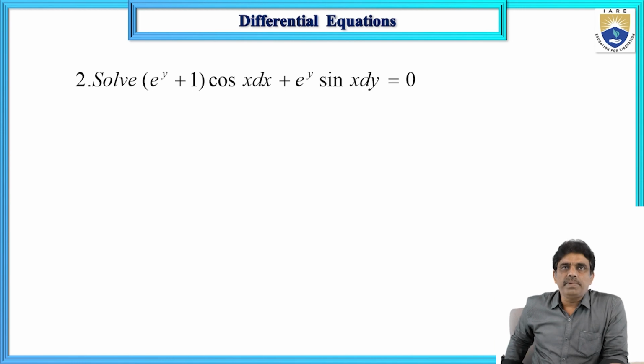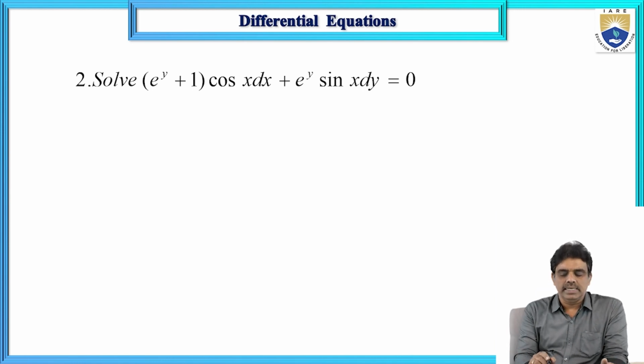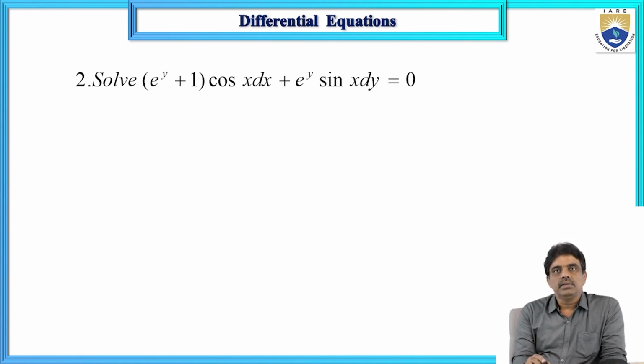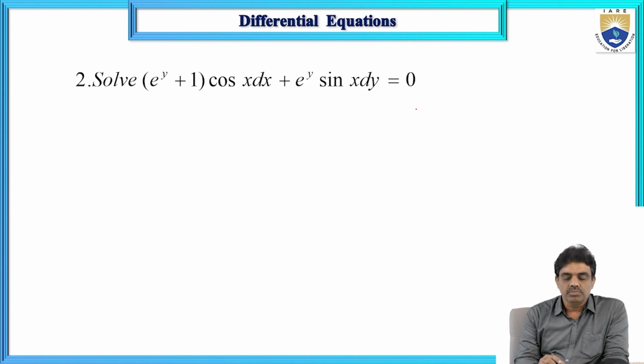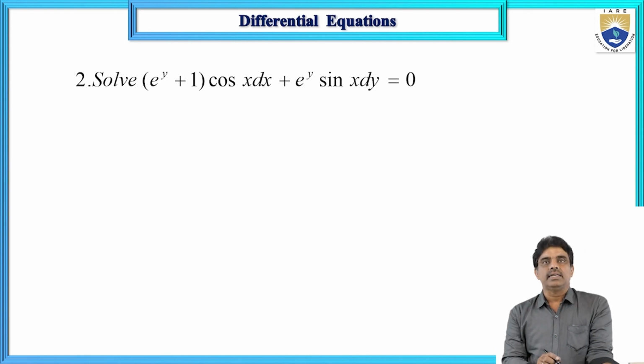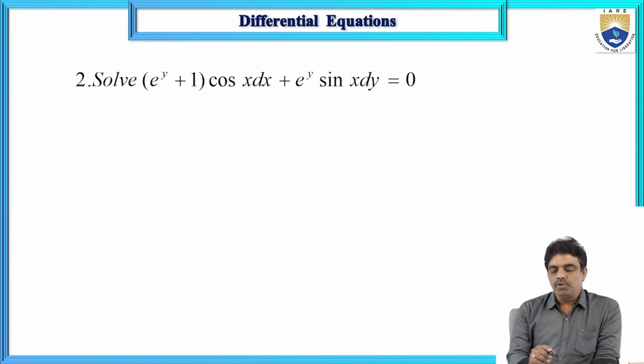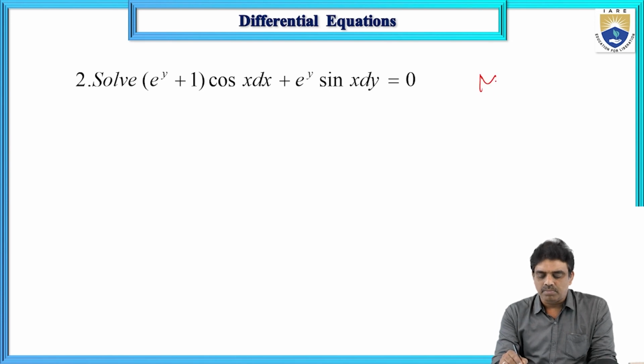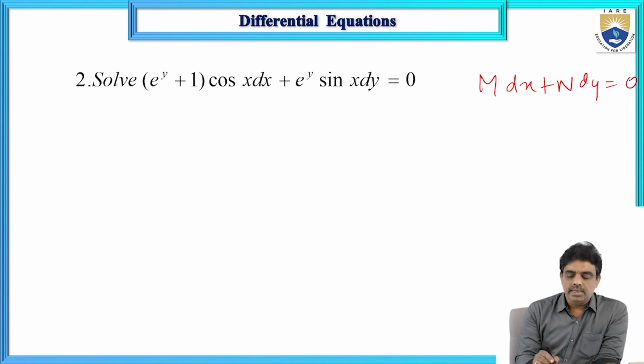Solve (e^y + 1) cos x dx + e^y sin x dy = 0. First we have to check whether it is an exact equation or not. Before that, you have to write the equation in the form M dx + N dy = 0. Clearly, it is in this form.